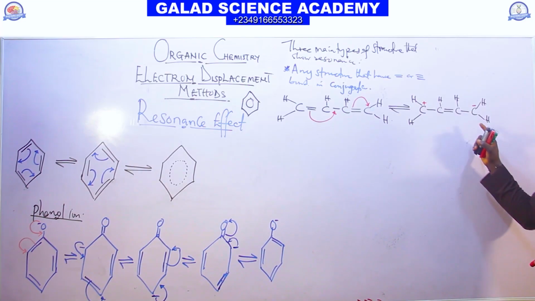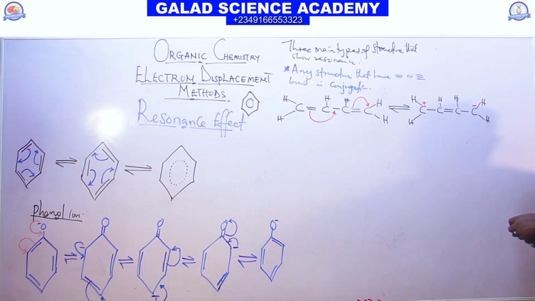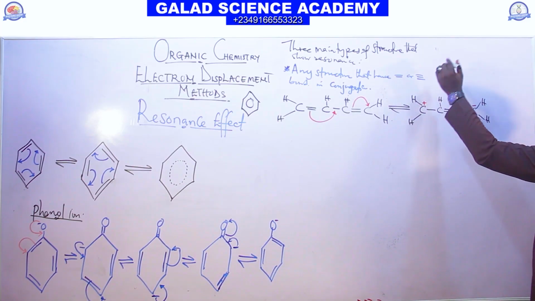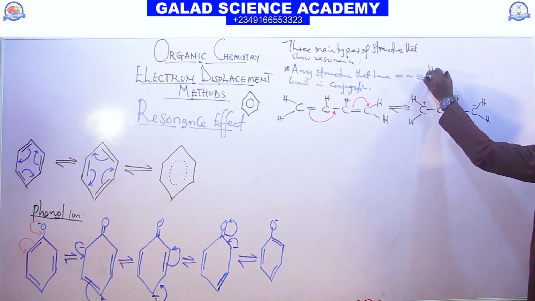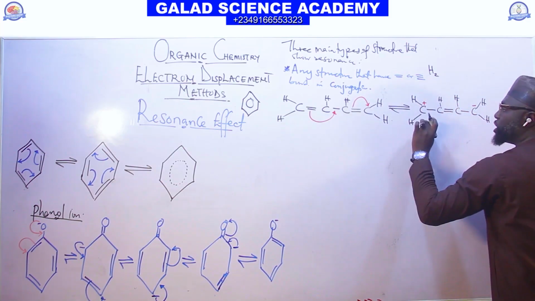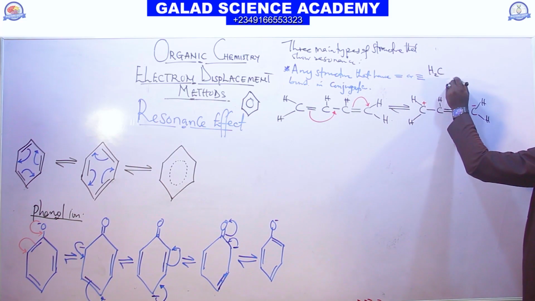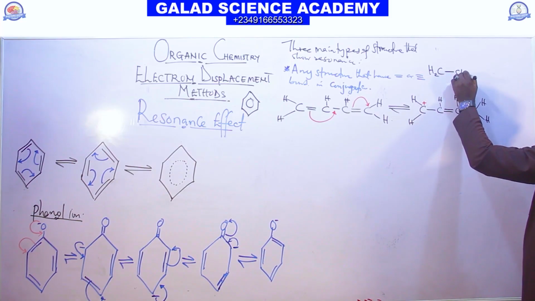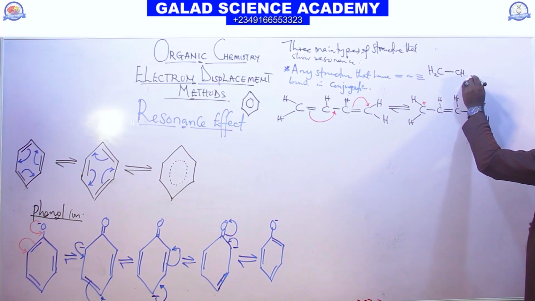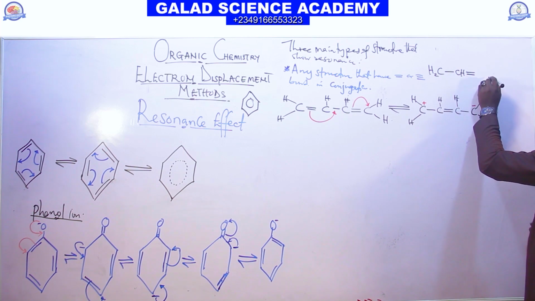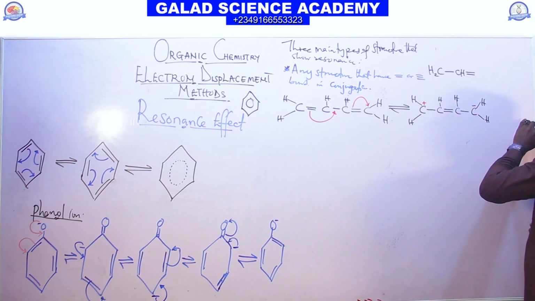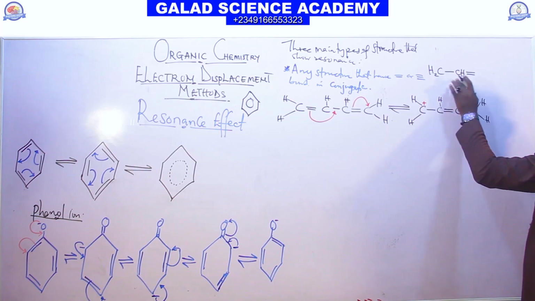We can also draw this in hybrid form. What is the hybrid form for this compound? The hybrid form can be in this form. We have CH2 at the middle, and we have double bond character here. Here we have partial double bonds at the middle.